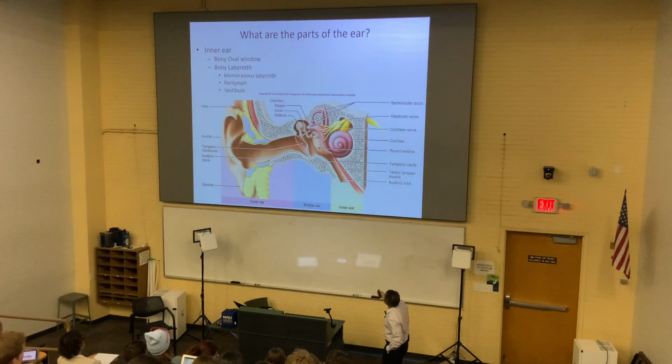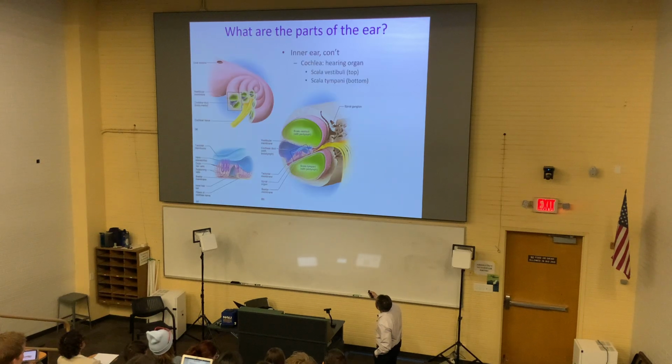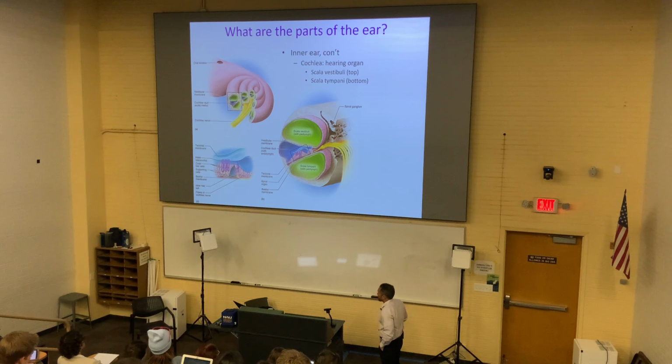If you take this structure and you unwind it, you can see that there is a top portion, a bottom portion, and a middle portion. And each one of these is made up of a fluid.